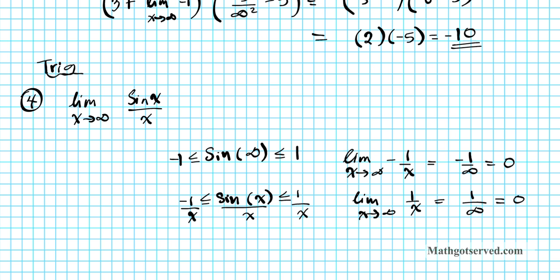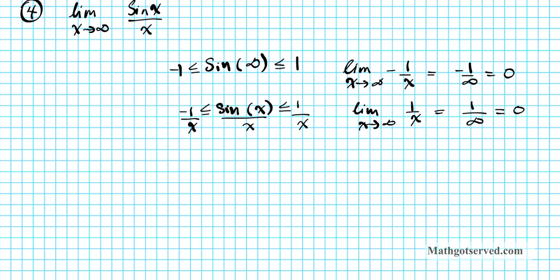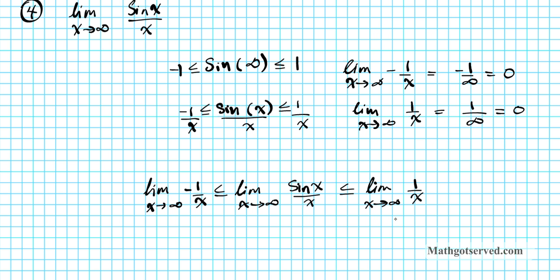So what does that tell us? Well, let's apply it here. So the limit as x approaches infinity of -1 over x is less than or equal to the limit as x approaches infinity of sine x over x, and is less than or equal to the limit as x approaches infinity of 1 over x. So we know that these two limits are 0, right? So we have 0 is less than or equal to this limit as x approaches infinity of sine x over x, and that's less than or equal to, this is also 0.